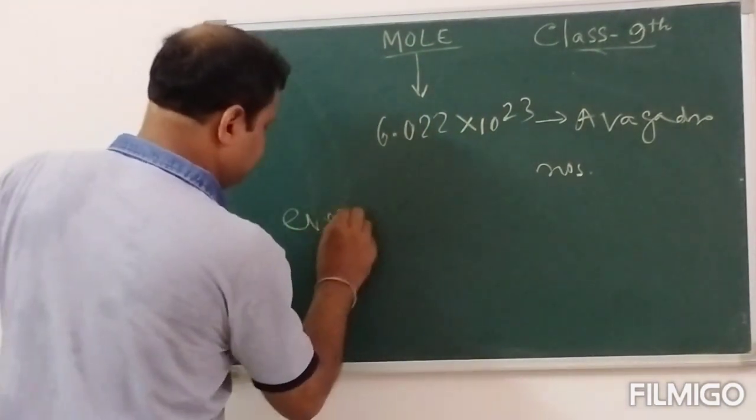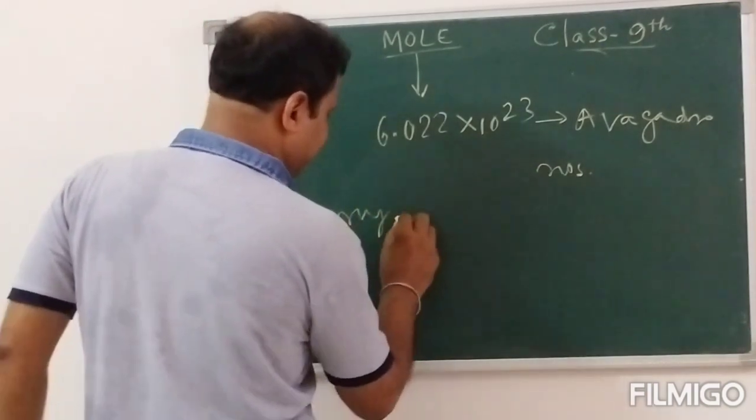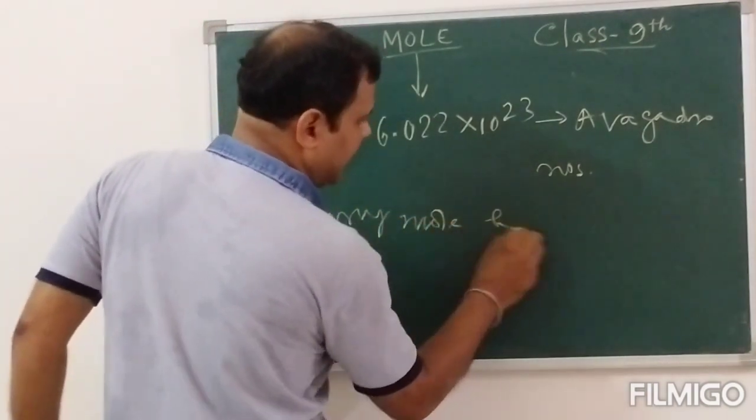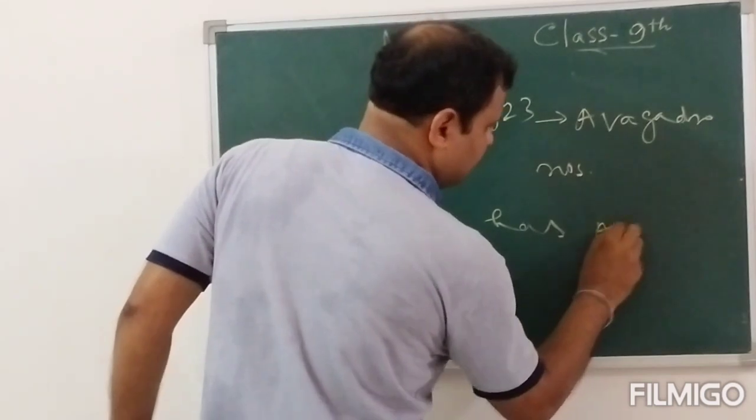Every mole has the Avogadro number of particles.